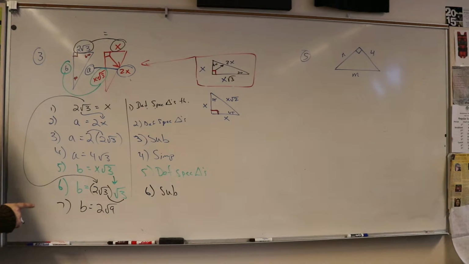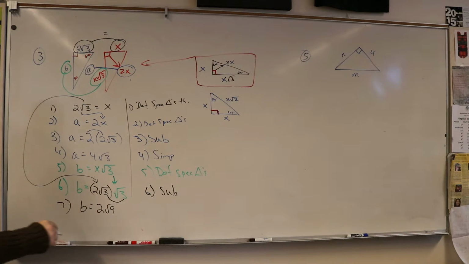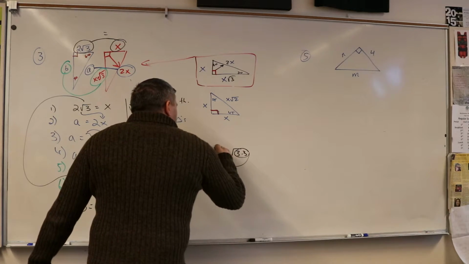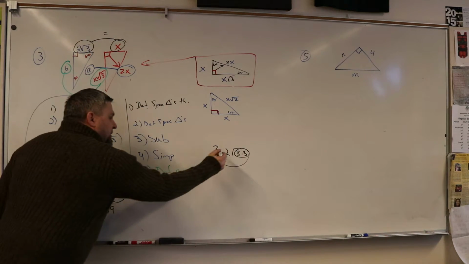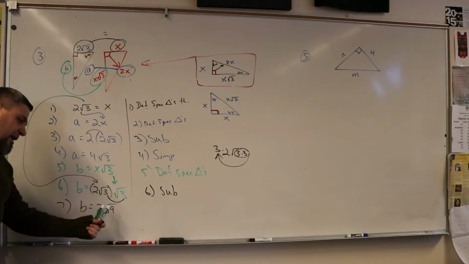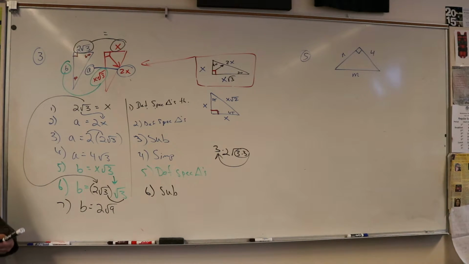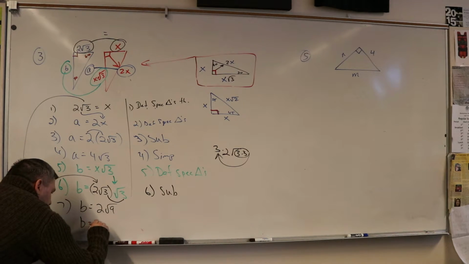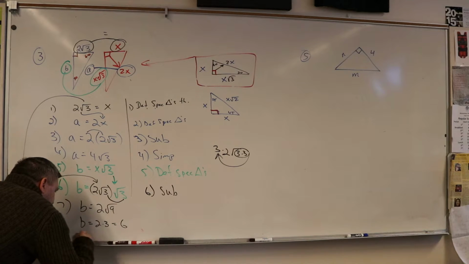But think about that. Isn't 2 square roots of 3 times 3, doesn't the 3 get pulled out and it's 3 times 2? Right? Because what is the square root of 9? 3. So it's 2 times 3, which is 6. So B is equal to 2 times 3, which is equal to 6.